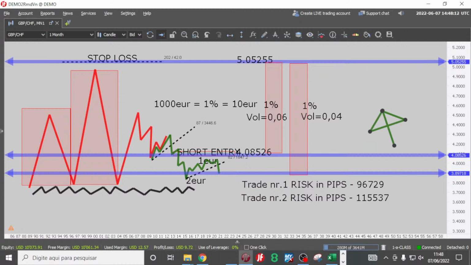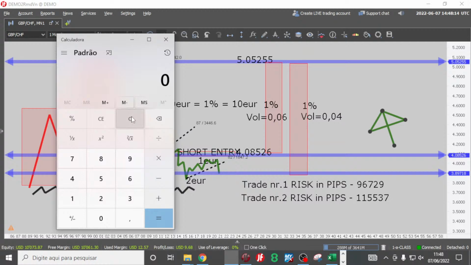Now, once you have the risk in pips, it's just an example, so you have 96,729, maybe 10 euros is not going to cut it because it's too many pips. Let's say that your 1% is 10,000, okay? 10,000, just for math's sake. 10,000 divided by 96,729 gives you 0.10.